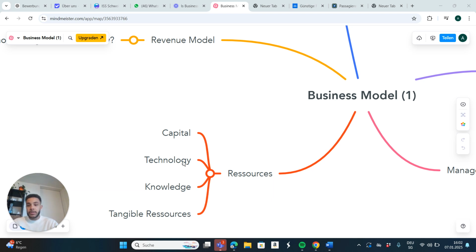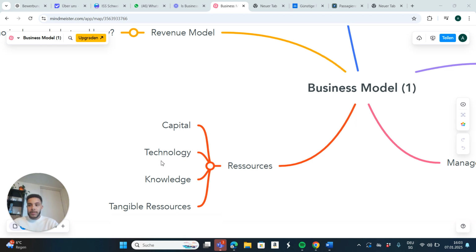Then what technology do you need? For tech companies, this becomes a whole lot bigger of a question. For a pizza shop, it is most likely heat, an oven, the equipment, and the knowledge of creating the pizza. This is connected with the next one, of course.